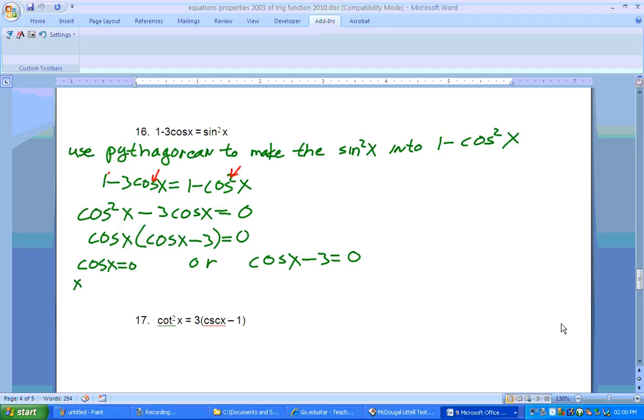So now I can do x equals inverse cosine of 0. You get 90 degrees, or negative 90, which is 270.